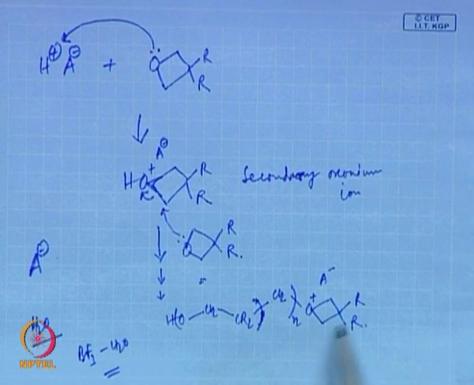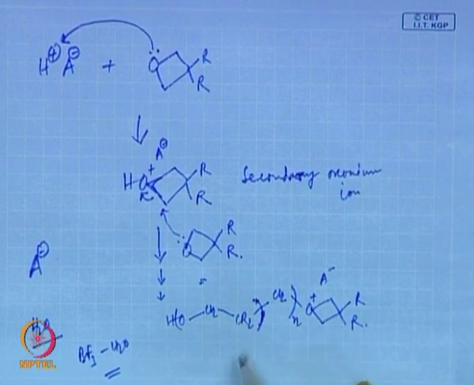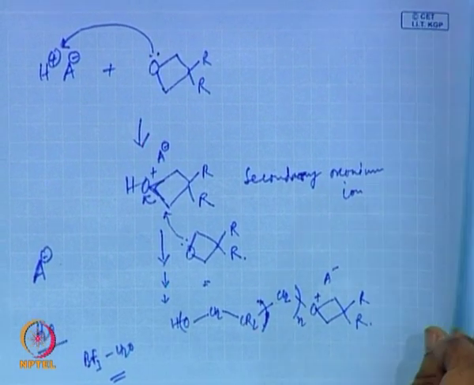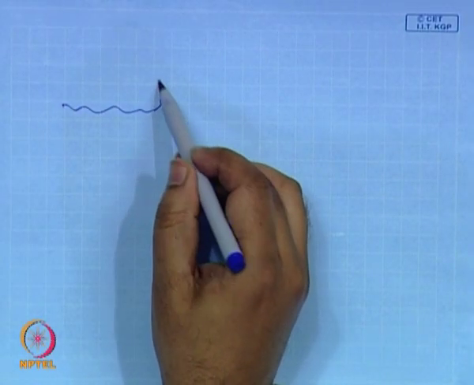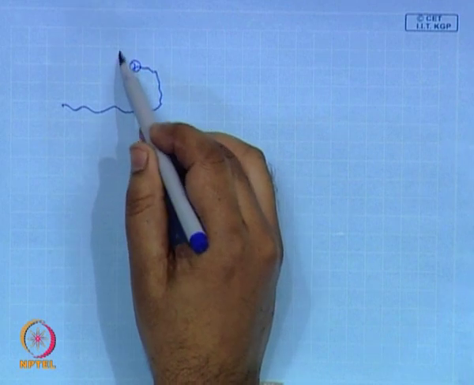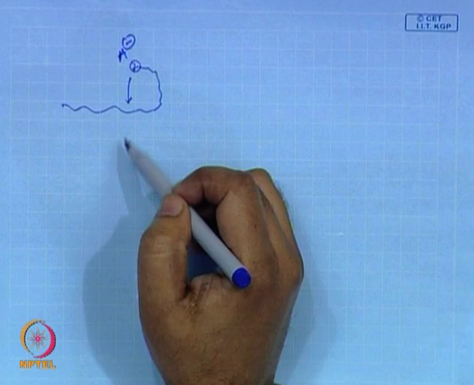Now, at the end, in case of cationic polymerization, as you can imagine, if your chain is a linear chain, at the end you have a cationic group and an anionic counterion.